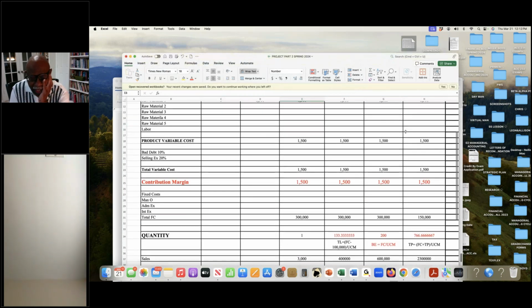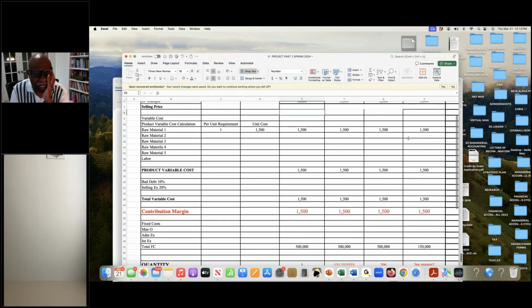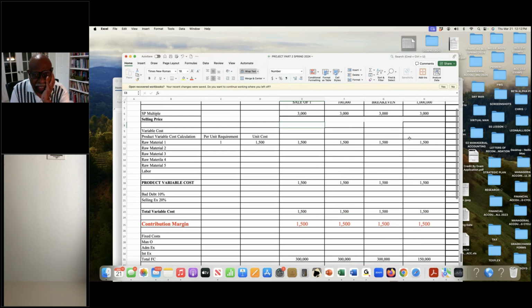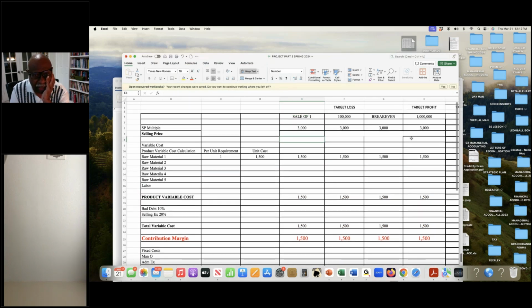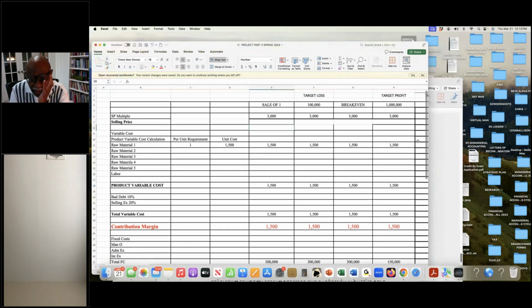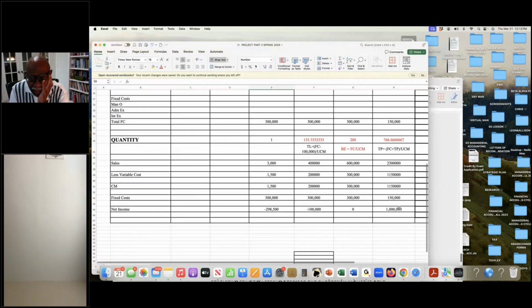Okay, so this was the updated one. On the other one, the selling price was what? This one's 3,000. Yeah, for the $1 million target profit. I got $1 million down here.